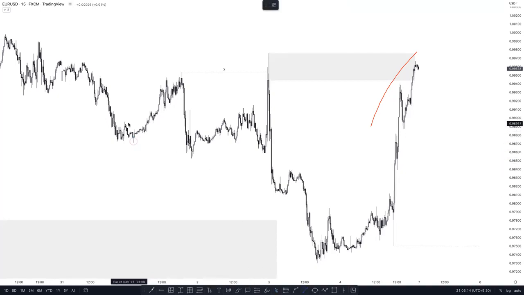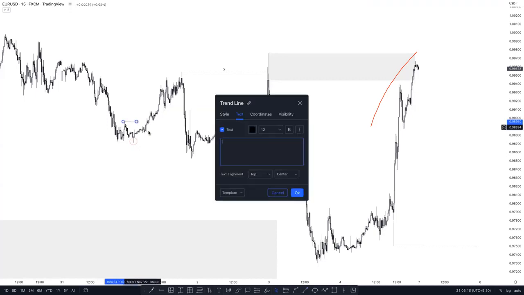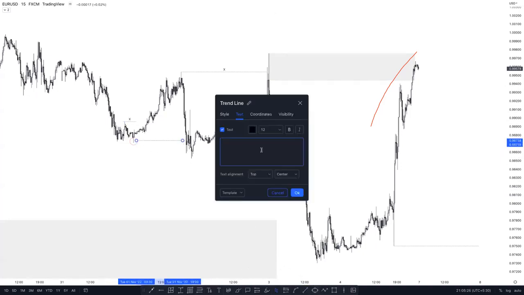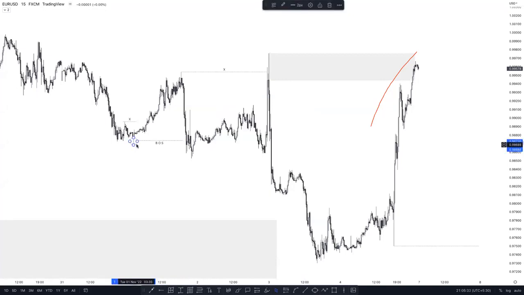Market took out the inducement here. After taking out the inducement, market pushed higher and broke this low. And after breaking this low, pushed downside and broke this low. And this became our break of structure because market momentum is completely bearish. And this high became our lower high, market pushed downside.